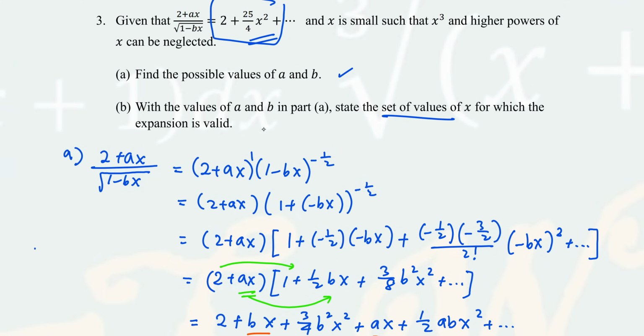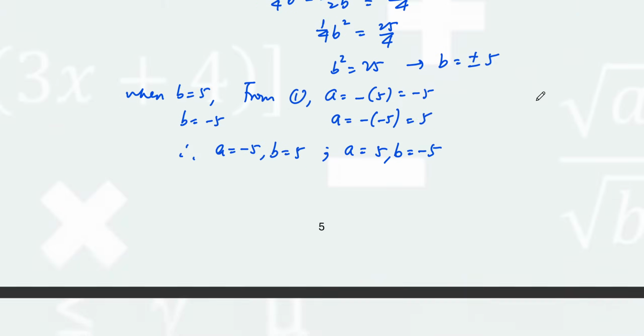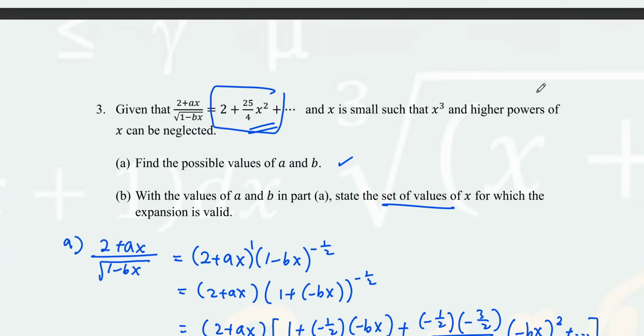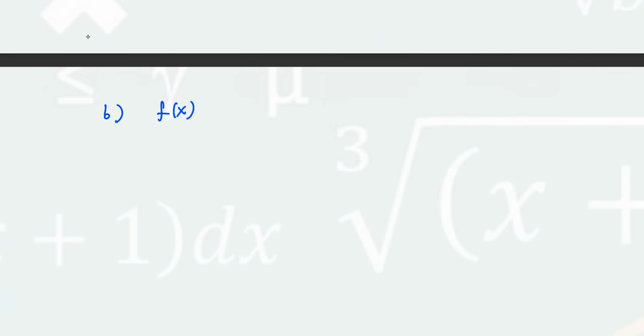Now, with the a and b values, state the x for which the expansion is valid. Okay, so now I will have to rewrite. For part b, my fx is 2 plus ax over square root 1 minus bx. This is my expansion.